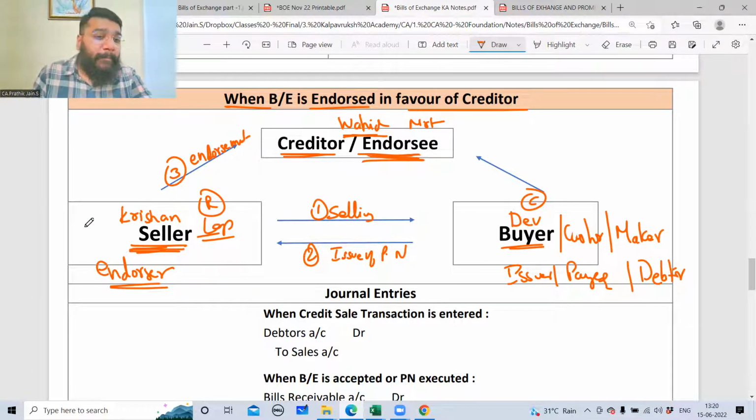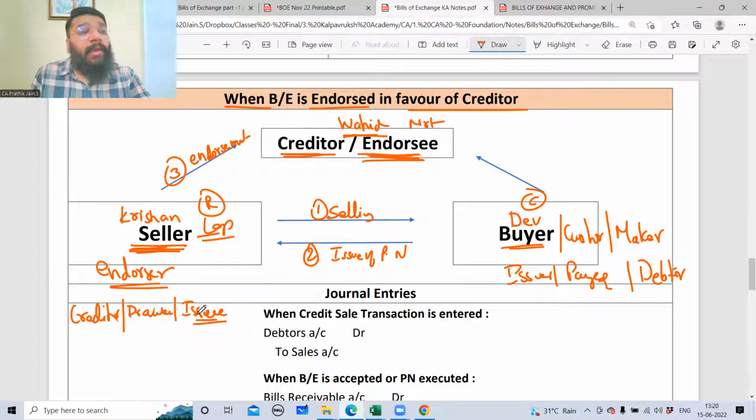Seller is a creditor. He is a drawee. He is a payee. Why? Because he is receiving the money. And seller is also called as endorser. And this fellow is called as endorsee. Clear with this point?